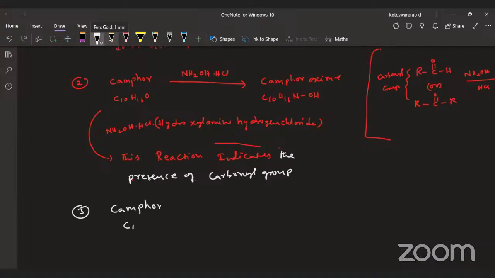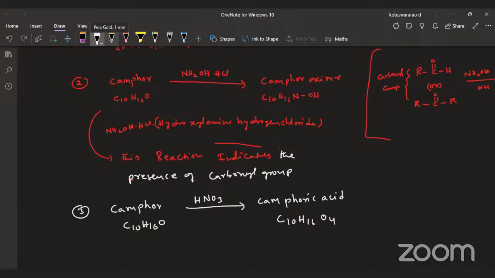Now coming to the third one. Camphor, molecular formula C10H16O, is treated with HNO3, nitric acid. Whenever it is treated with nitric acid, it acts as a mild oxidizing agent. Therefore, the camphor is converted into camphoric acid, molecular formula C10H16O4.